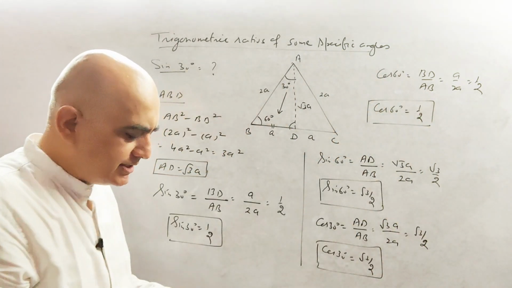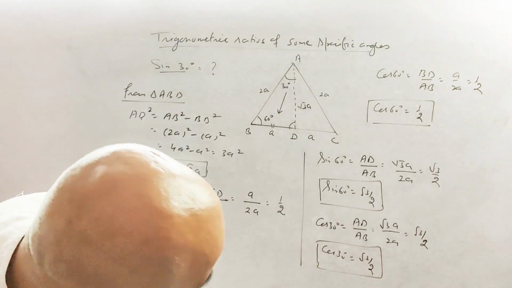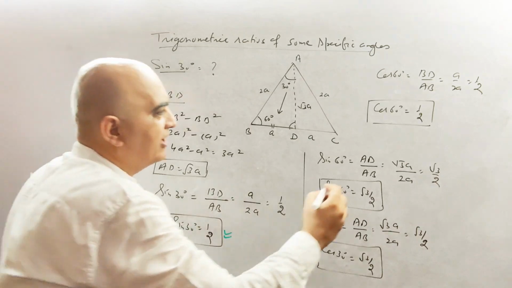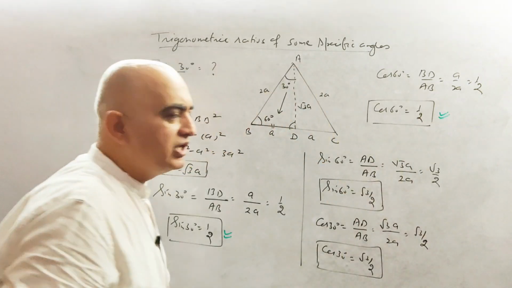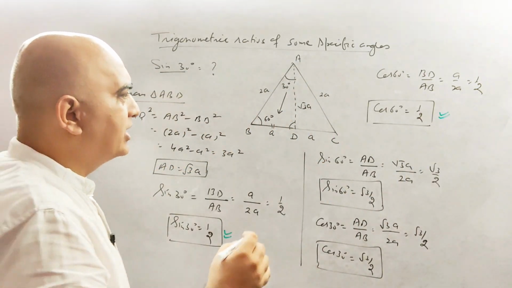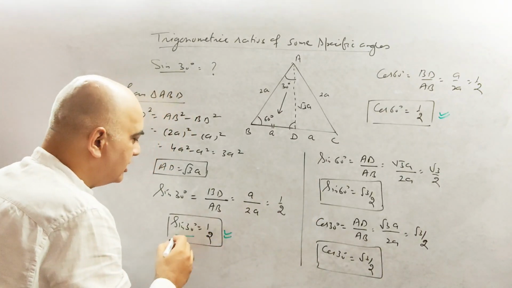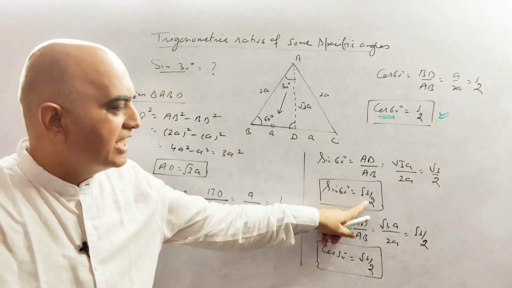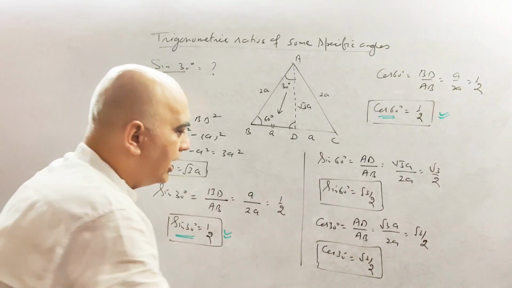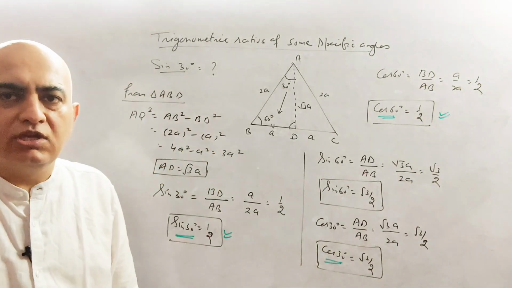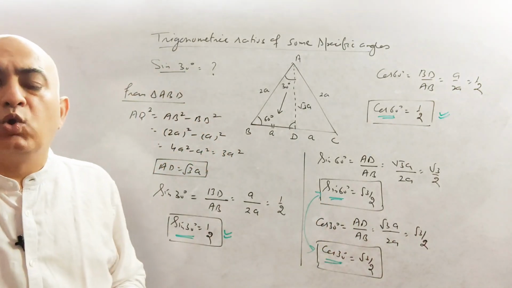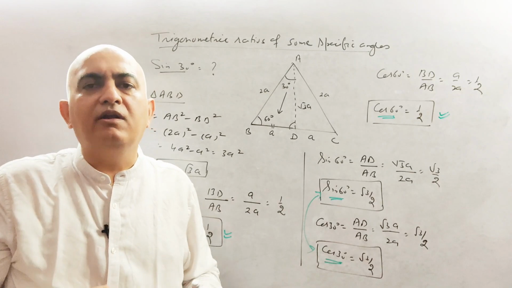So here we can check that. What is the value of sine 30? That is 1 upon 2. What is the value of cos 60? That is 1 upon 2. It means sine 30 is equal to cos 60. In a similar way, the value of sine 60 is root 3 upon 2, and the value of cos 30 is root 3 upon 2. These two values are also the same, because cosine is called the complement of the sine.